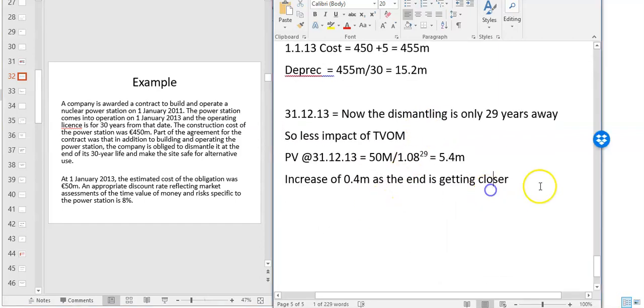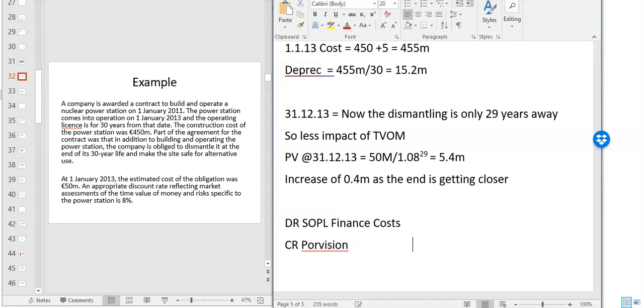And in IAS 37, how you recognize that is you will debit SOPL finance costs and you will credit the provision, 0.4 million. So what you're saying is provision now at year end equals 5 million plus 0.4 million, 5.4 million.